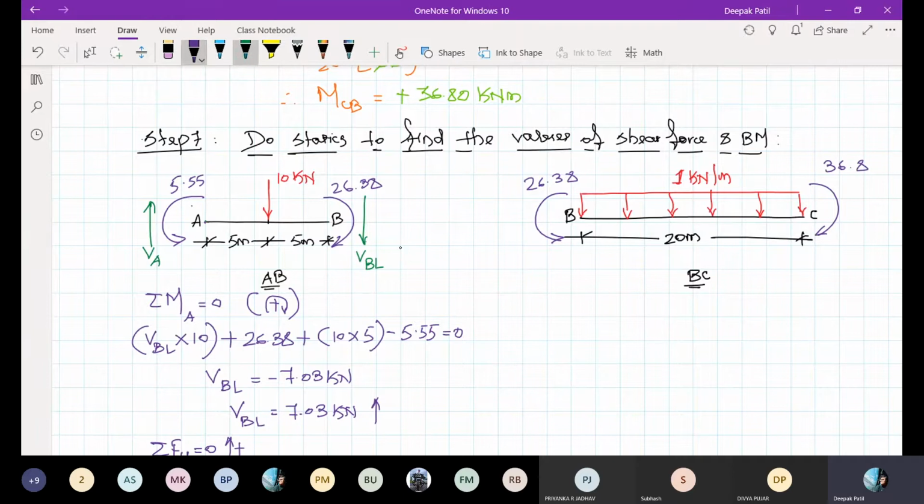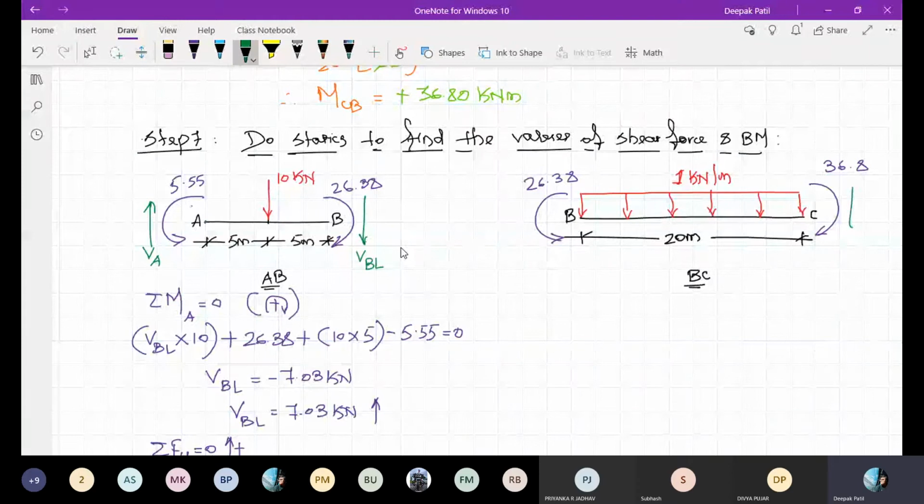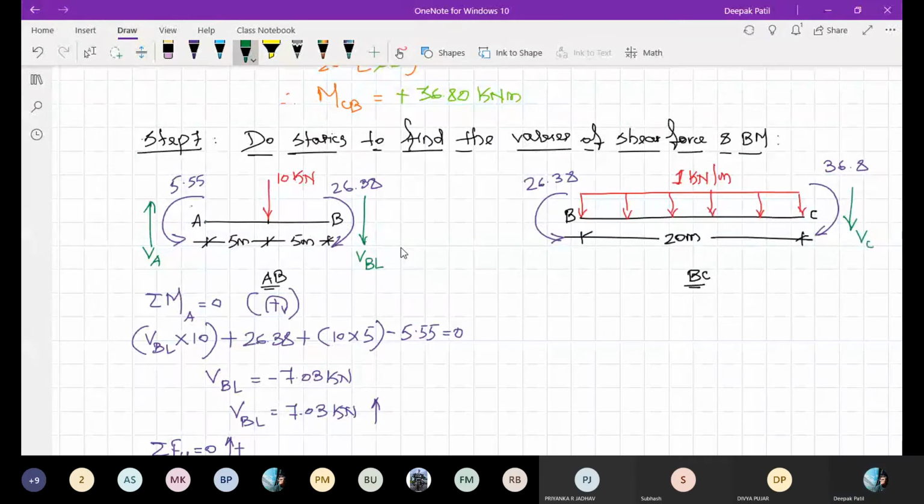Now I will once again assume VB and VC. Let me assume VC as downwards, we'll see what will happen, and VB I will assume as upwards. Now I will write here VB.